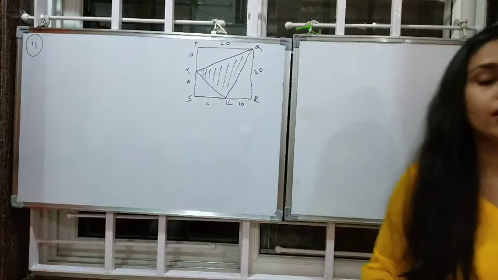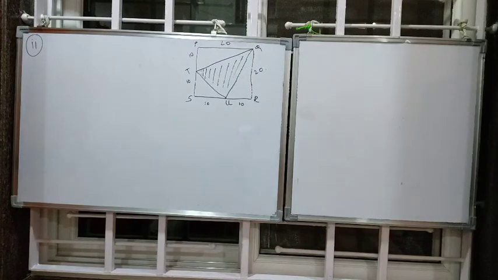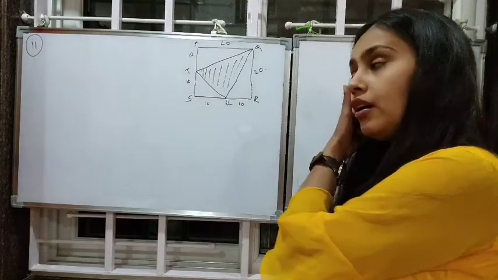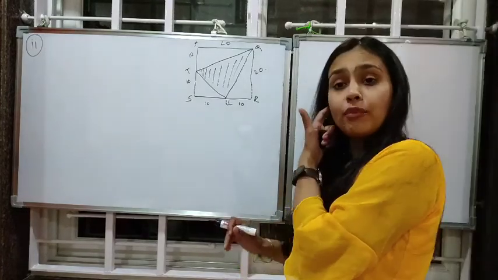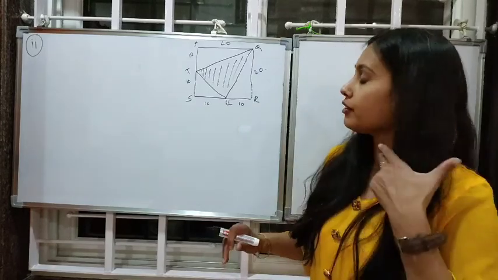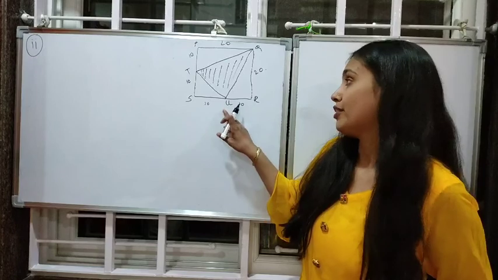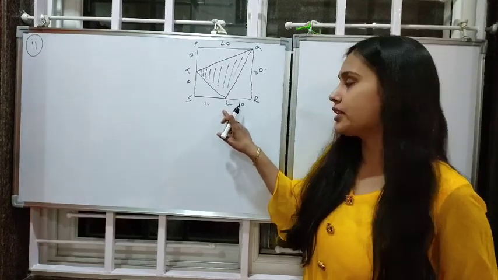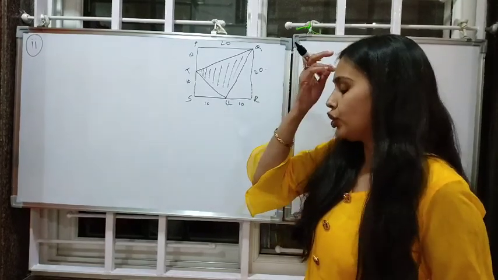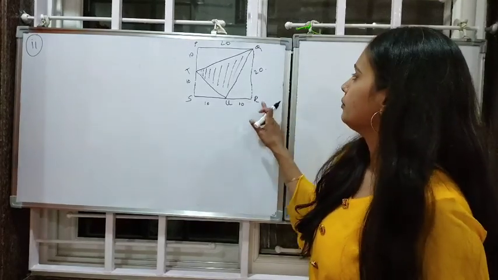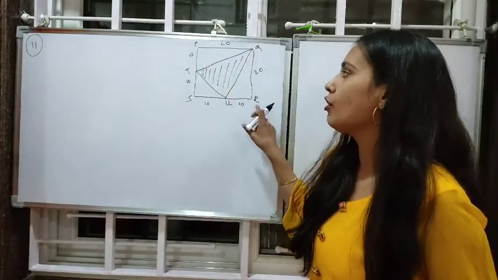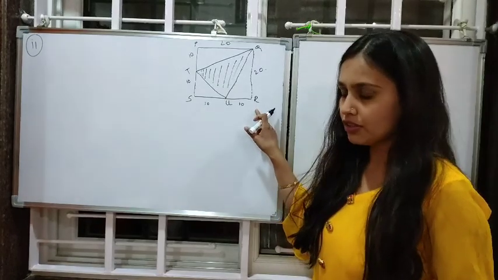So we have to find out the area of the triangle QTU. Yes, triangle QTU. But children, what is the formula for finding the area of a triangle? The formula to find the area of the triangle is half base into height. But we don't have the height here, unfortunately, right? So again, if you see this figure, it's a square. You find out the total area of the square.